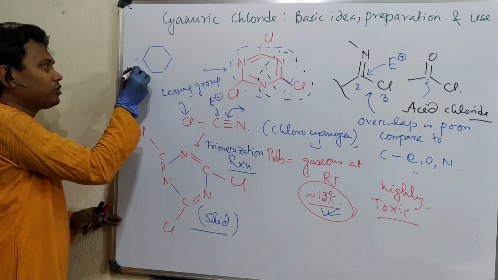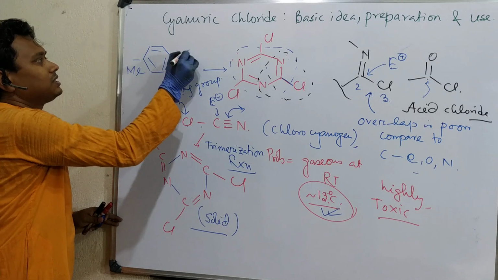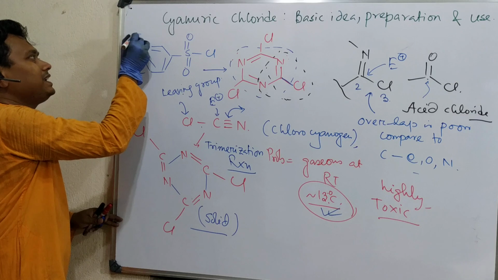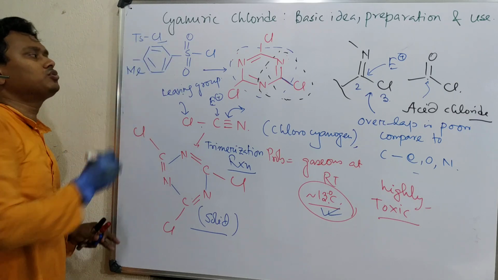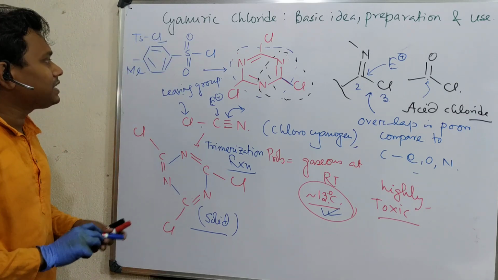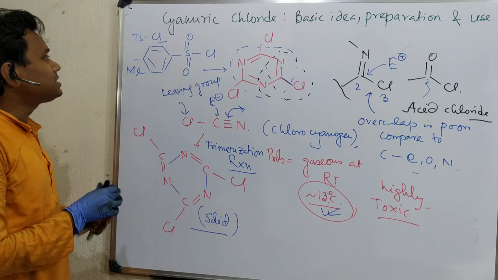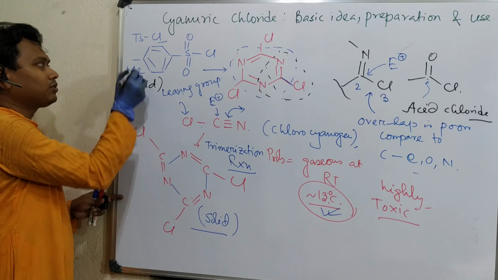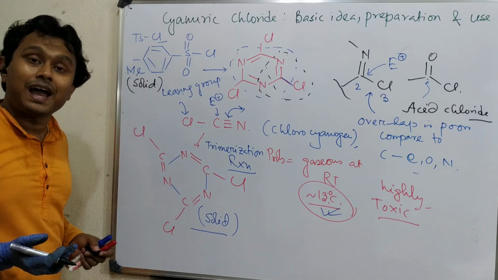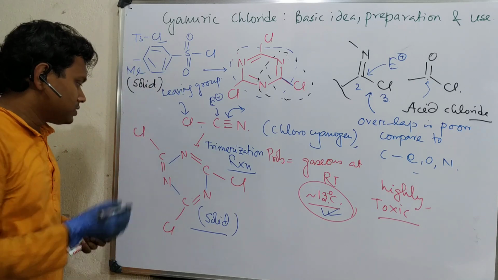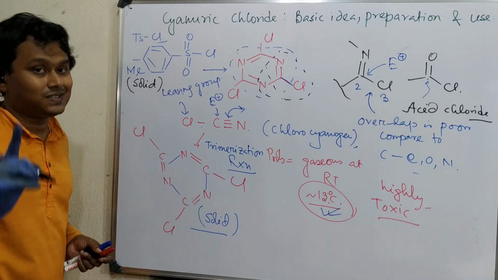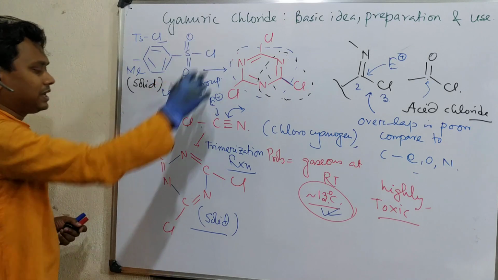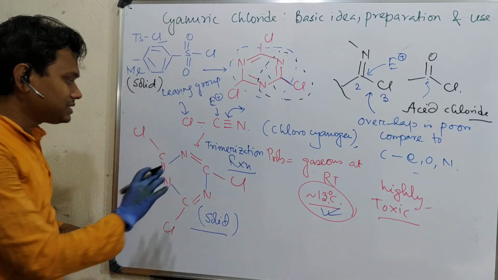I am telling you this to help you remember. Why do we always use this? The similar interesting phenomenon is that this reagent is also solid at room temperature, whereas the corresponding benzene analog is a liquid, and handling a liquid is more difficult than a solid. So similarly, it is advantageous because it is a solid. This is a gas, the trimer is a solid. So we have understood the advantage.